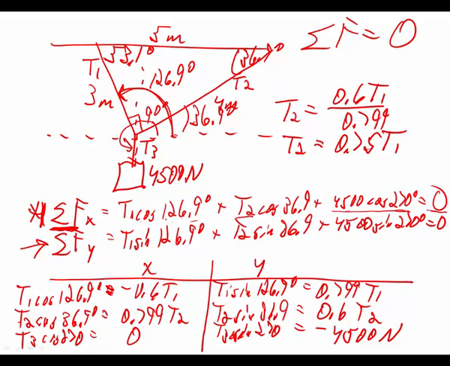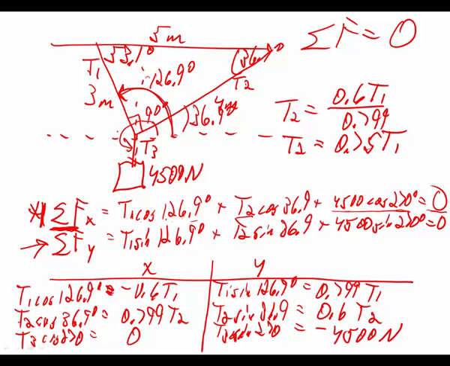So we want to find the tension here. Once we find T, let's see, what did we do? We substituted in, and we found the tension. We found the substitution for T1. You go back to the Y equation because the Y equation has all three. 1, 2, 3.